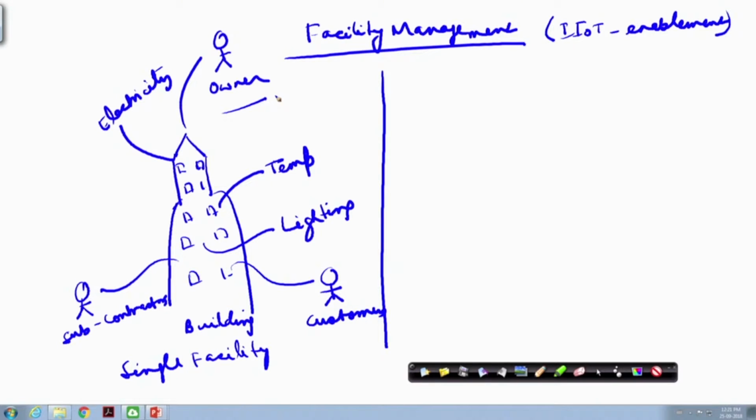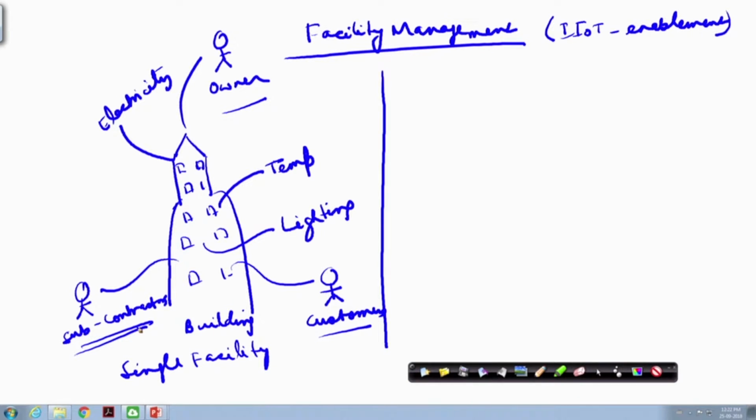Particularly these fixed infrastructure, these machinery, the buildings, the floors, the rooms, their temperature conditioning, the lighting conditioning, monitoring, control, all of these things, plus the different users and the different actors who are going to perform different actions on or using this particular facility. So, owners, customers, subcontractors are examples of the different users or the actors of these facilities.